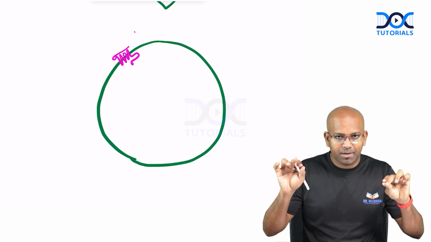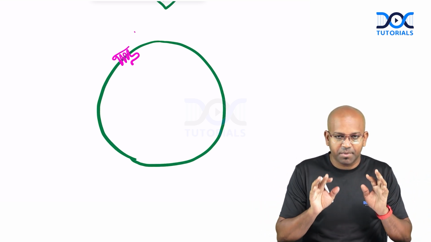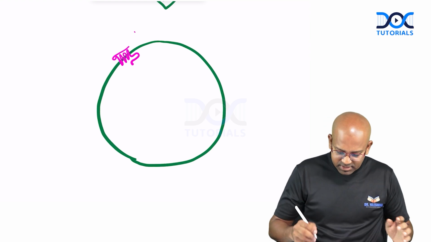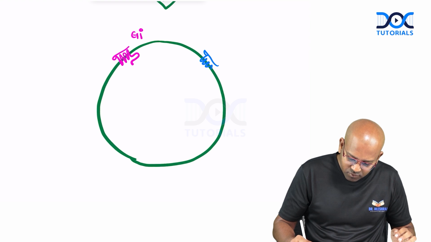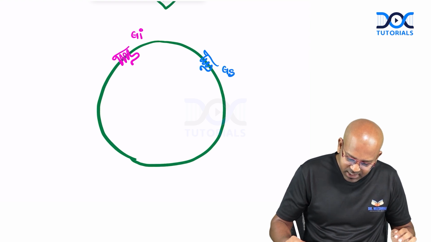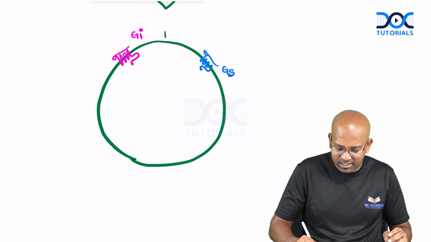When we compress it, it passes through the membrane 7 times. It is also called a 7-pass transmembrane receptor. Now this is actually a GI coupled receptor. Similarly, there will be one more, 1, 2, 3, 4, 5, 6, 7, which is a GS coupled receptor. Two different receptors are there on the surface of the platelets.